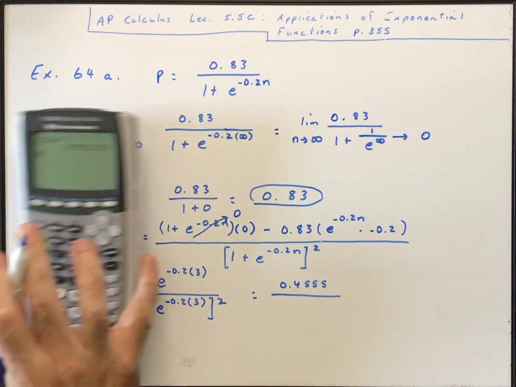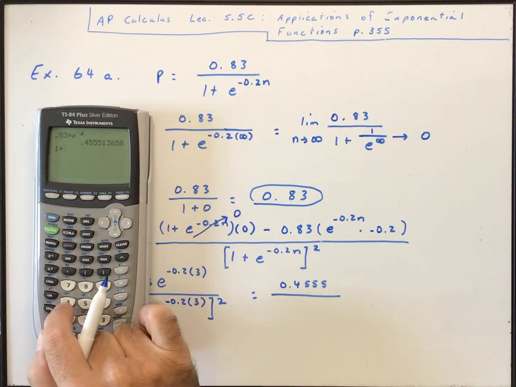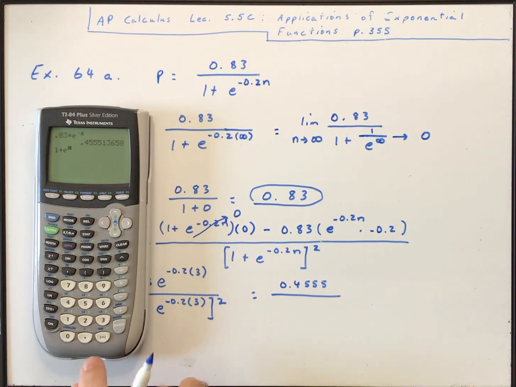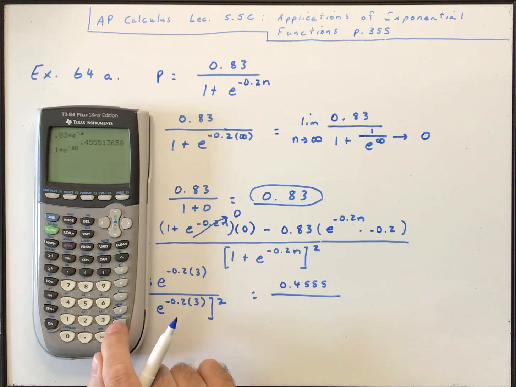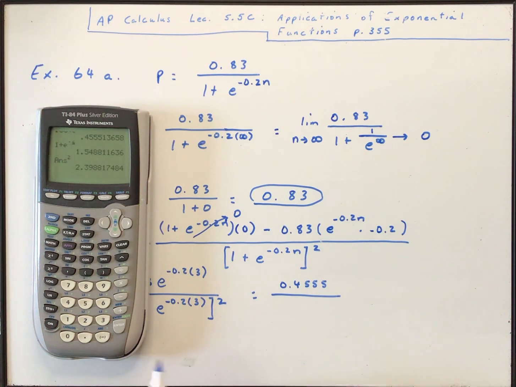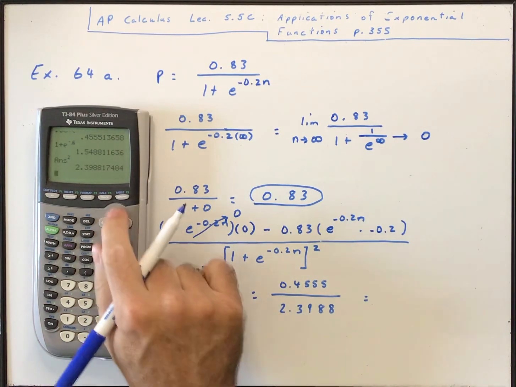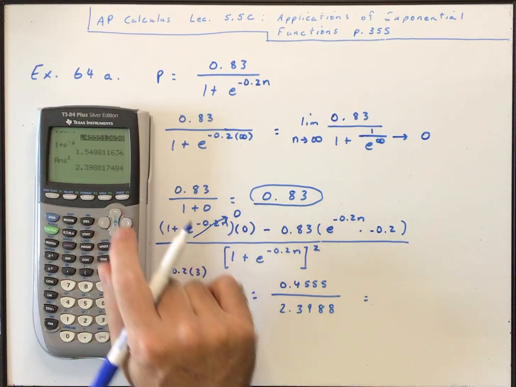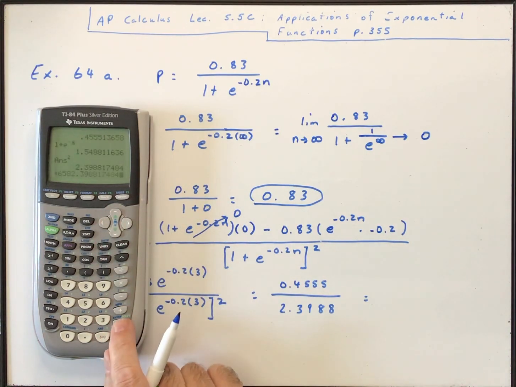And then the bottom is 1 plus e to the negative 0.6, and then we're going to square that. So that's 2.3988. So I would have the 0.4555 number divided by this 2.3988 number.